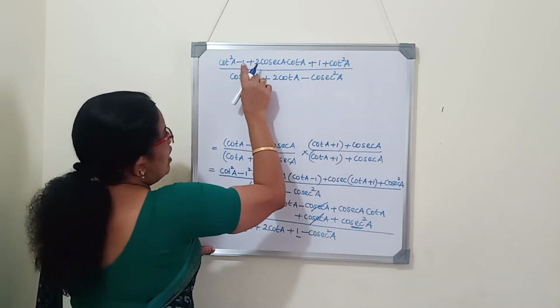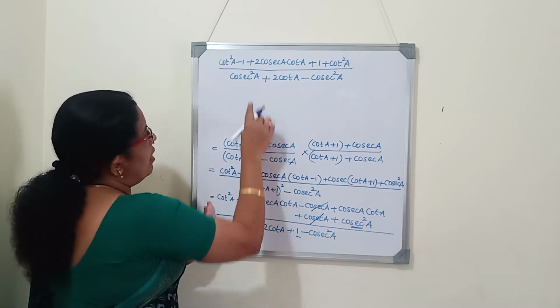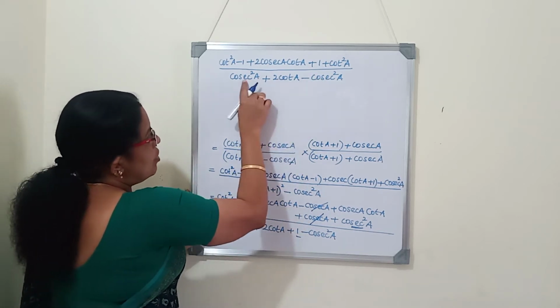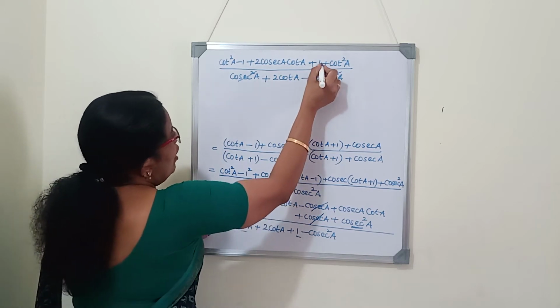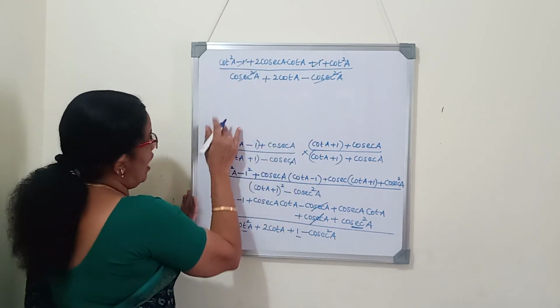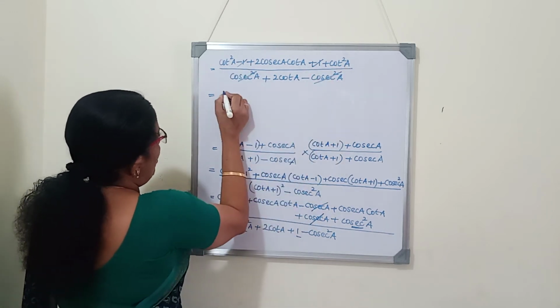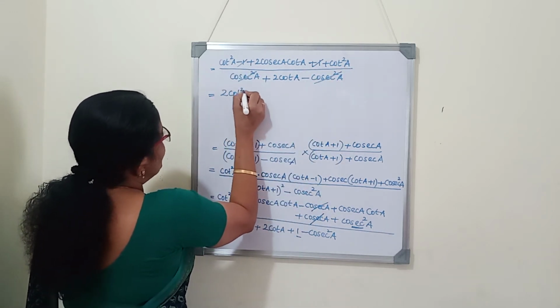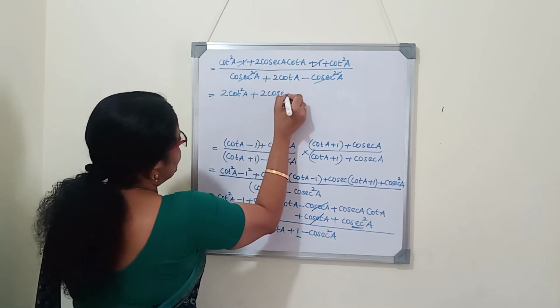Why did we do that? Because we can cancel minus 1 and plus 1. And in the denominator, 1 plus cot square a was written as cosec square a so that these two terms will cancel. Numerator plus 1 and minus 1 will cancel. Finally, we will get cot square a plus cot square a, 2 cot square a, plus 2 cosec a cot a.